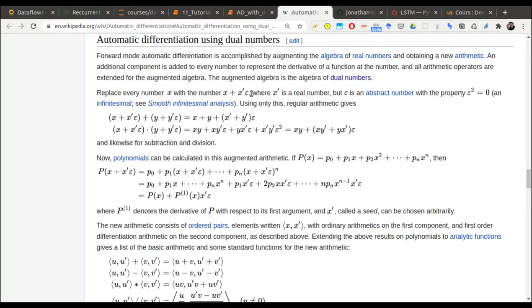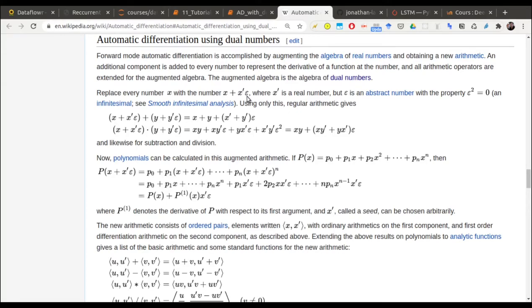So you have this new number epsilon, and you replace each number by a new one, which is written like this. And you need to define the new arithmetic for these numbers, and so the plus is like this.